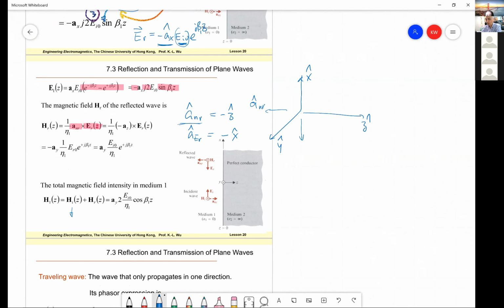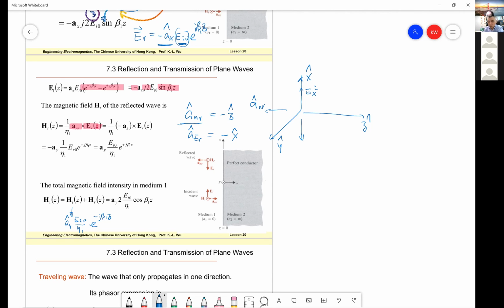The incident wave is polarized in the X direction, and the magnetic field is in the Y direction: the incident wave magnitude divided by the wave impedance in medium 1, then the phase is beta 1 times Z. This is the incident magnetic field.